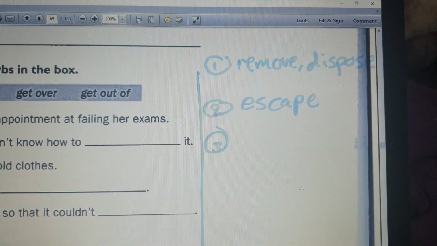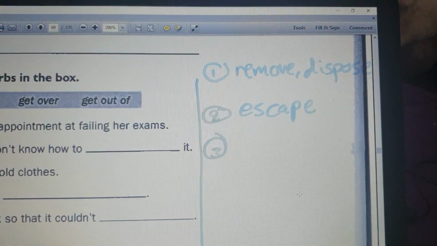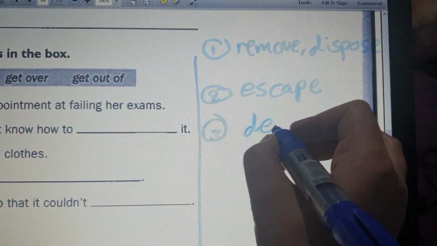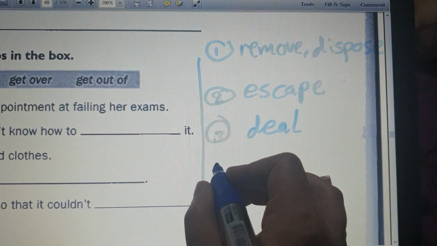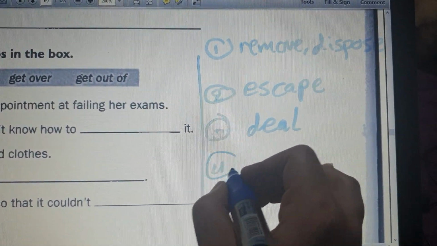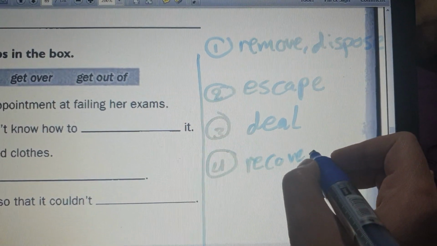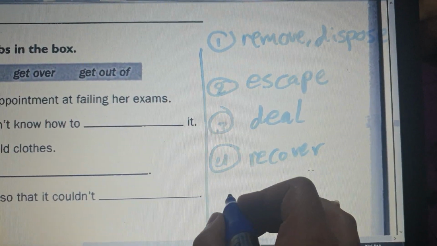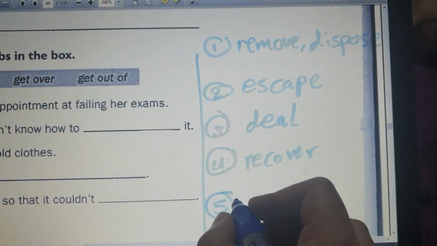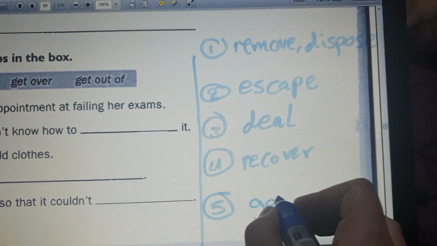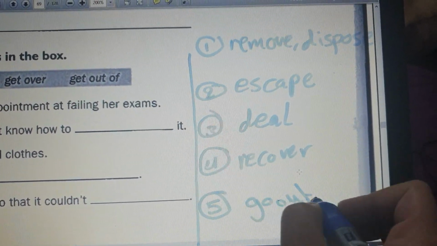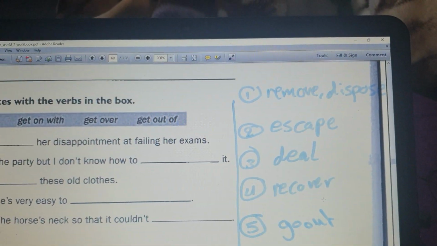Number 3, get on with, to deal with. Number 4, get over, means to recover or become well. Number 5, get out of, mean to go out. Okay, you can write the meanings.